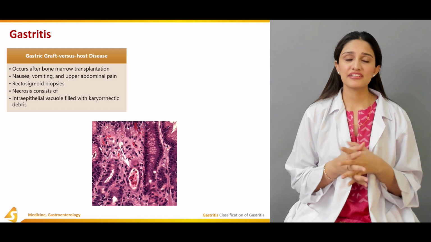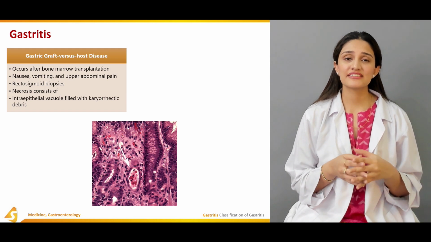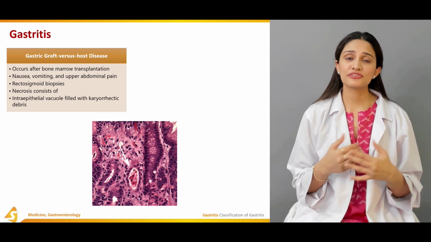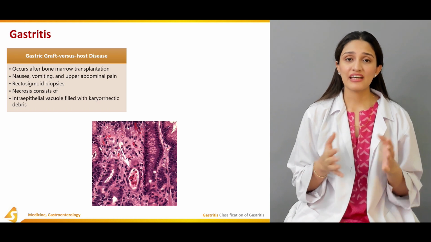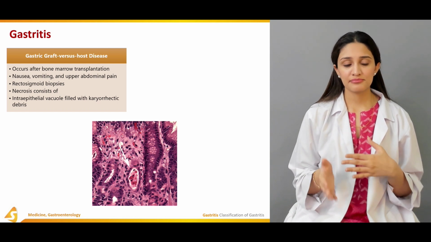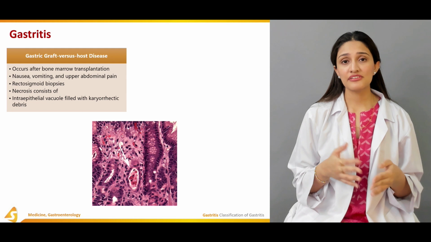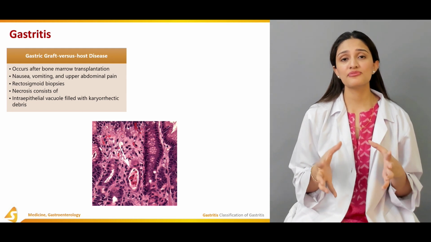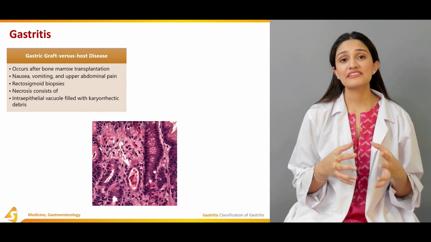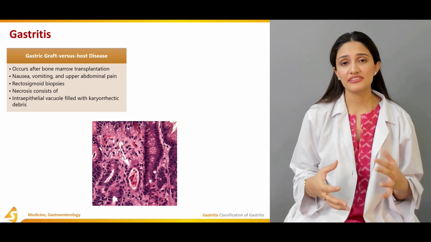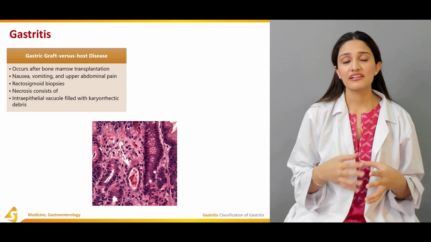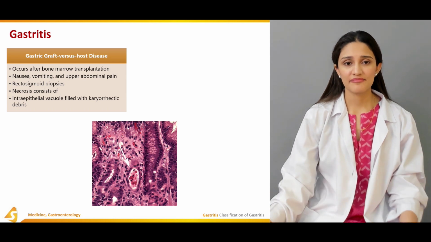Gastric graft versus host disease comes in an acute and a chronic form. Acute means the gastritis presents between 21 to 100 days after transplant, and a chronic form means the gastritis presents after 100 days.